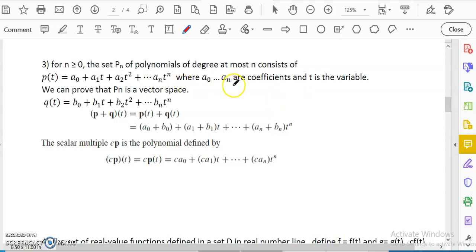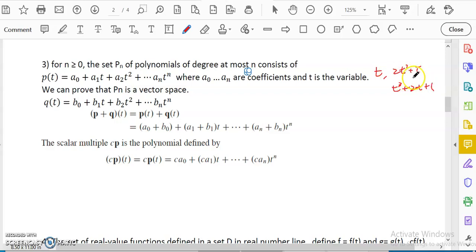We have the set of polynomials of degree at most n, with coefficients a0 through an. There are a lot of polynomials in a set like this, for example t, 2t squared plus 5, or t cubed plus 2t plus 1.